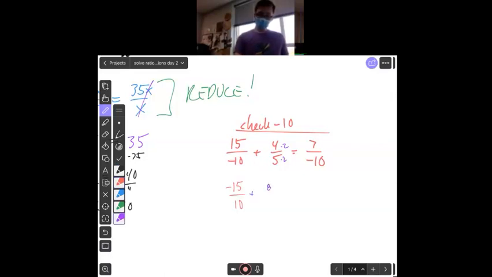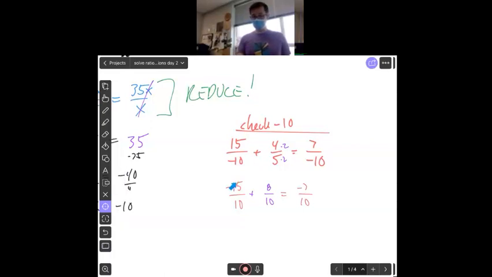Plus 8 over 10 equals... Again, I'm going to do the same thing on the right side. I'm going to shift that negative to the top because the negative just belongs to the fraction. It doesn't belong to the 10. So negative 15 tenths plus 8 tenths, negative 15 plus 8 is negative 7. Negative 7 tenths.